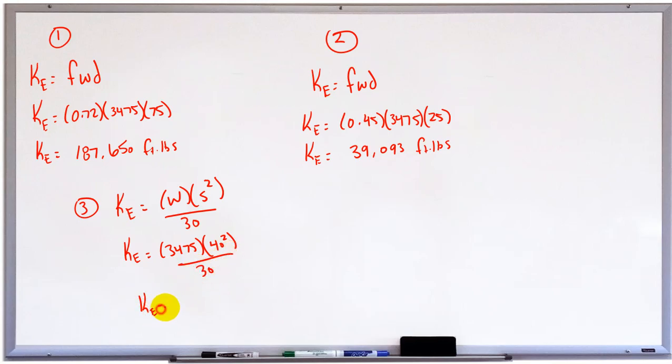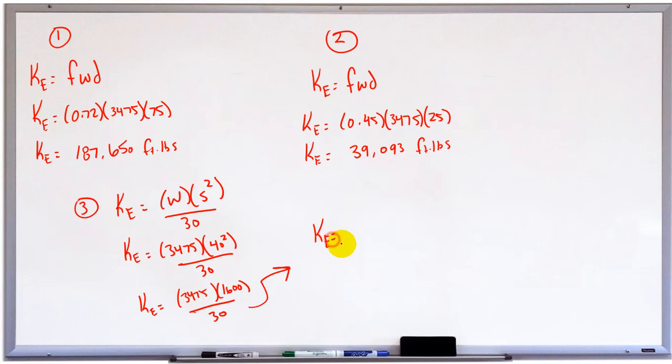So the kinetic energy is equal to 3475 times 1600 divided by 30. I'm going to continue here.